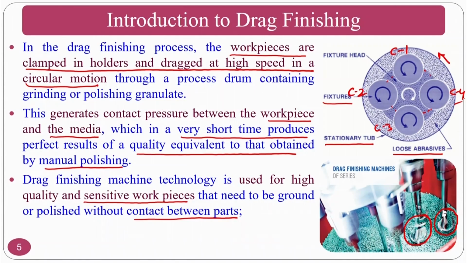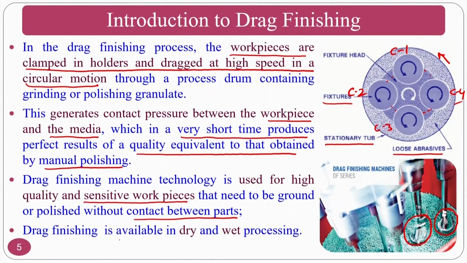So, there will not be any contact between the components, any hitting or damaging. In the tumbling process, all are placed together, so there is a heavy chance that the components will collide with each other. This is also one of the drawbacks of the tumbling process that you can overcome in the drag finishing process.